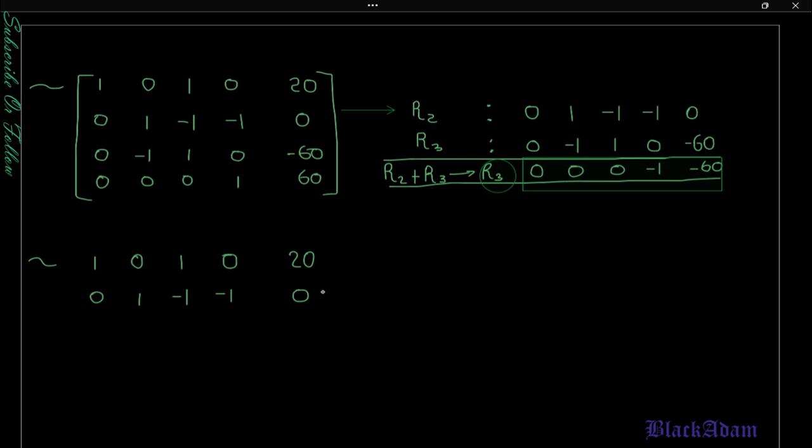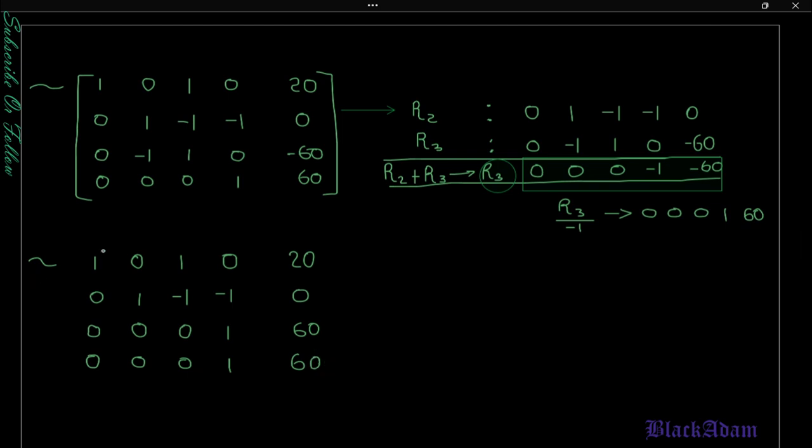Because it's negative, let's divide it by -1. So row 3 divided by -1: 0 0, and we have -1 divided by -1 is positive, so it's +1 and +60, so 0 0 1 and 60. So we already have that on row 4. So 0 0 1 60.